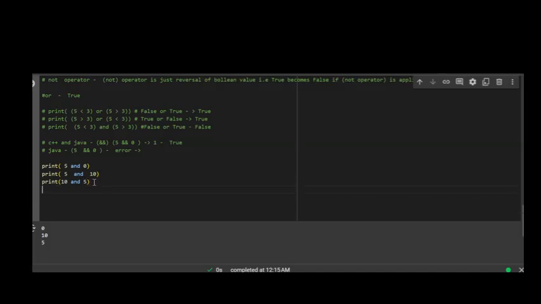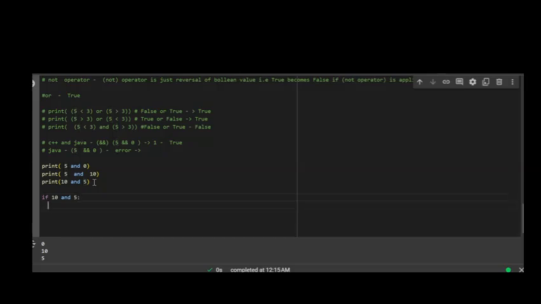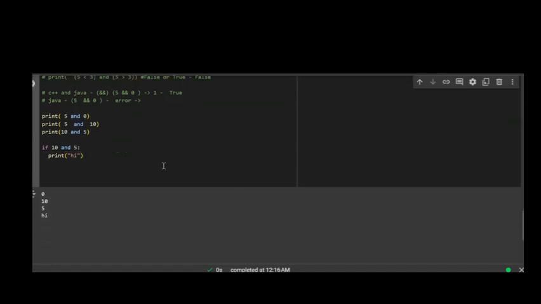For a challenge, what I could do is, if 10 and 5, print high. Let's see what it does. This is interesting, right? Okay. So this means that when we put 10 and 5 under a conditional statement, it is taken as true, because only then will it print high, right?